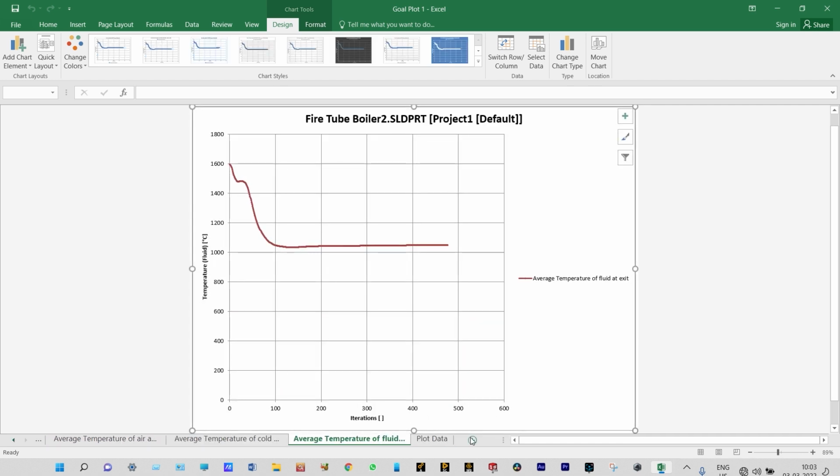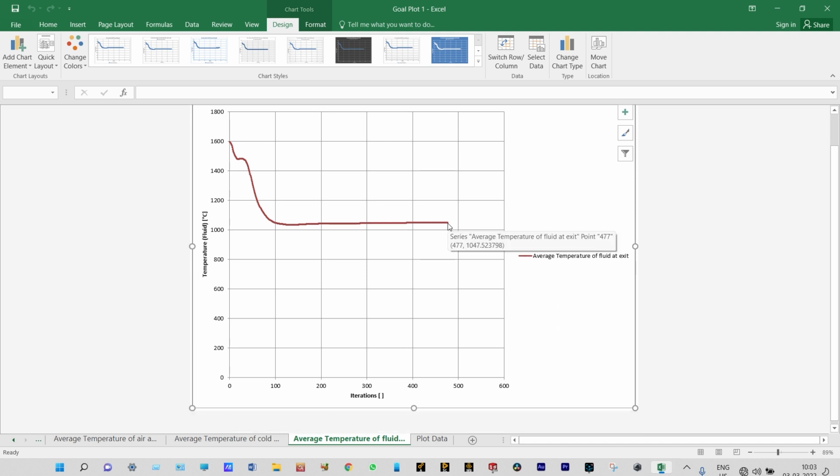And the last one, we can see the average temperature of fluid at exit. That means the temperature of hot flue gases. It has come down from 1600 to 1047.52 degrees centigrade. So you can see the main thing here in this case, exit of hot air and exit of cold water, there is a huge difference in temperature.